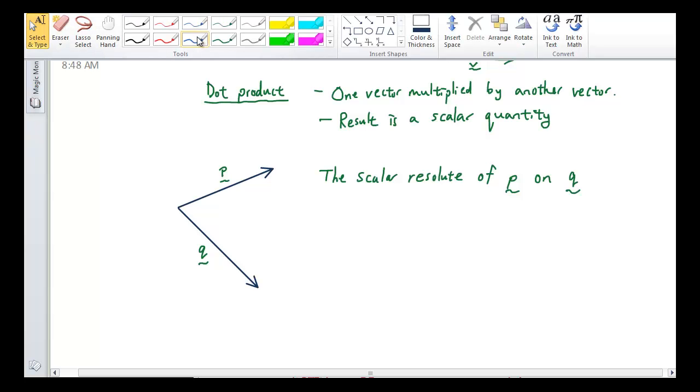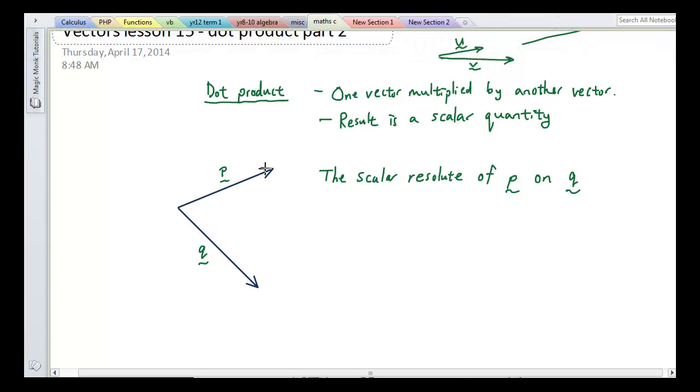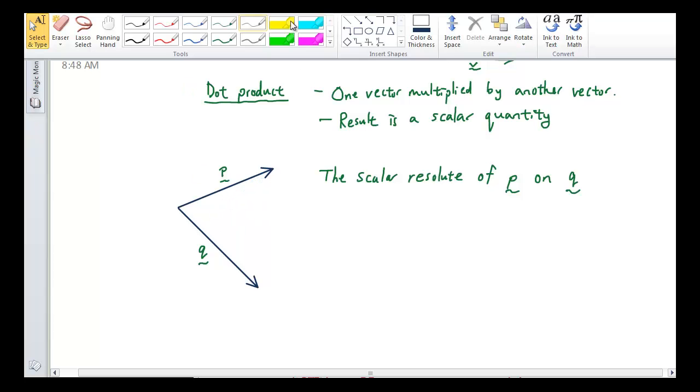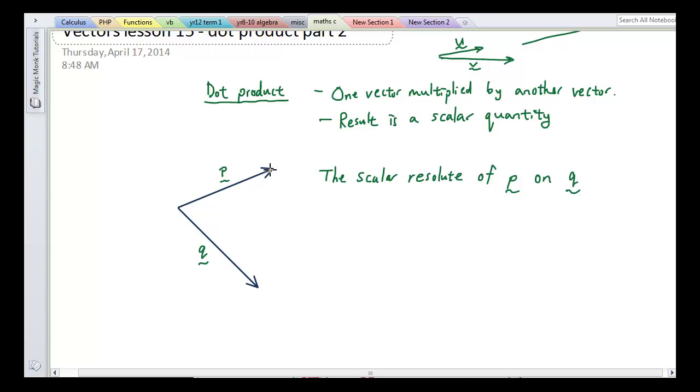So what you would do is draw a straight line that is perpendicular to q.